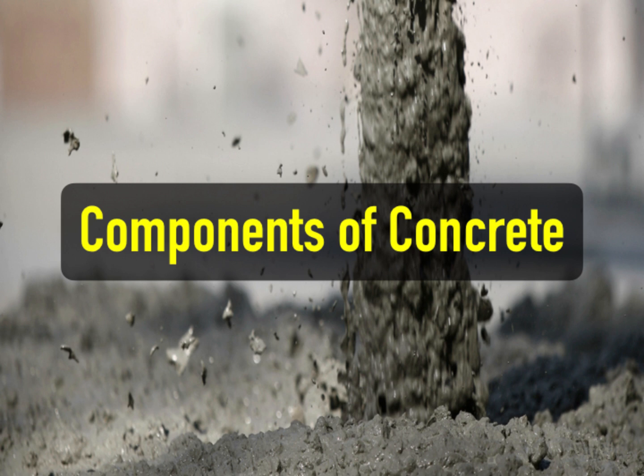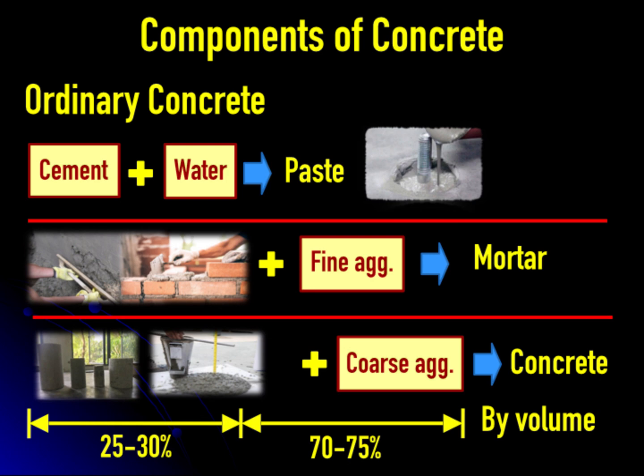Components of concrete: generally, conventional or ordinary concrete is composed of four main ingredients: cement, water, sand, which we call the fine aggregate, and gravel or crushed rock, which is the coarse aggregate. When cement is mixed with water, it forms what is known as cement paste, which can be used for surface finishing or repair.